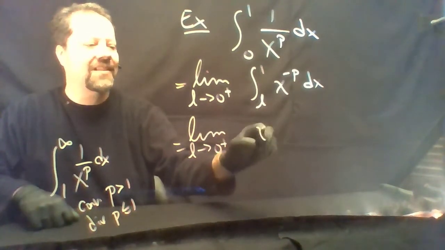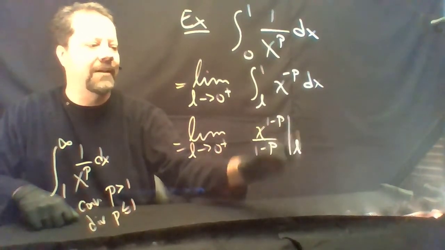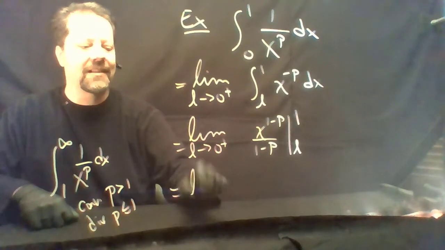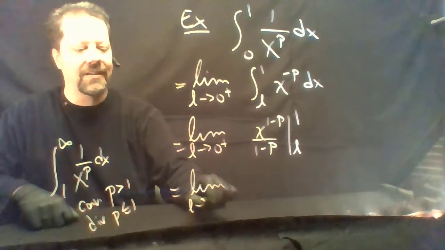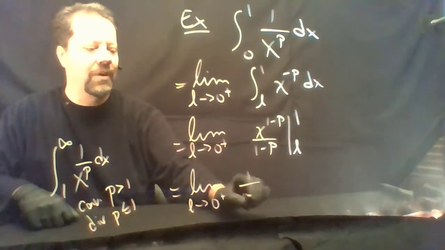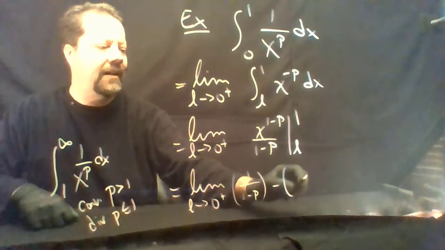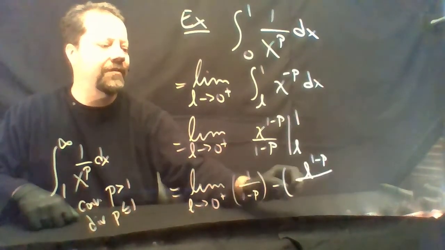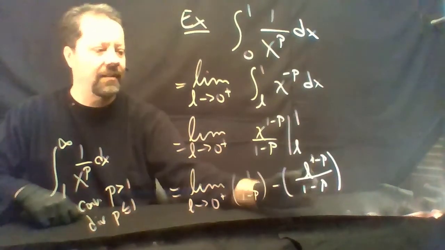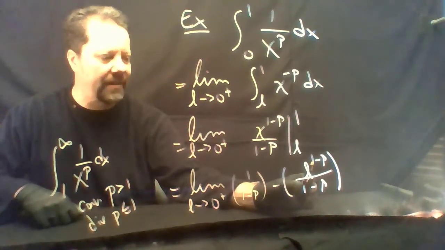So we get x to the 1 minus p over 1 minus p, evaluated from L to 1, and that's the limit as L goes to 0 from the right, plugging in, 1 over 1 minus p, minus L to the 1 minus p over 1 minus p. The 1 minus p is kind of the important point here, this power.